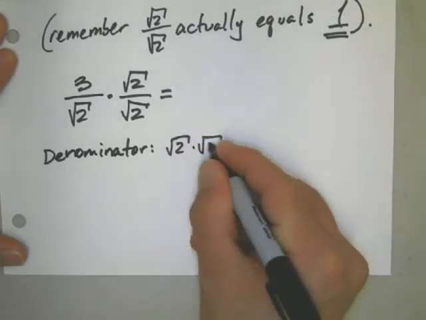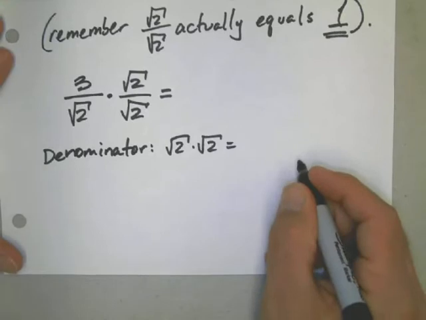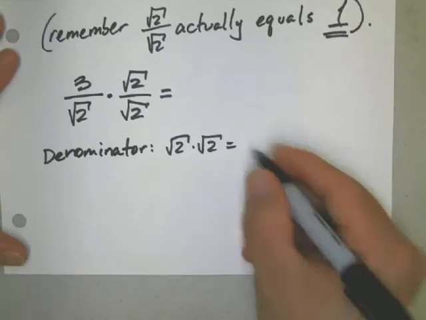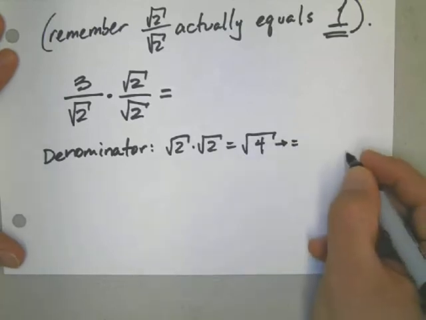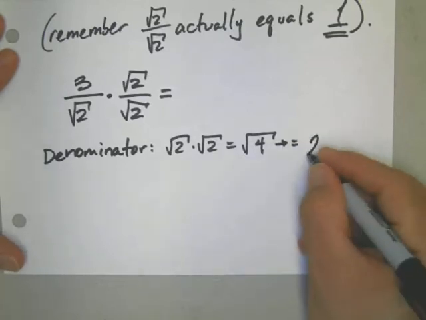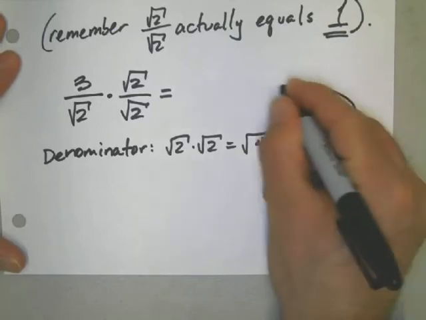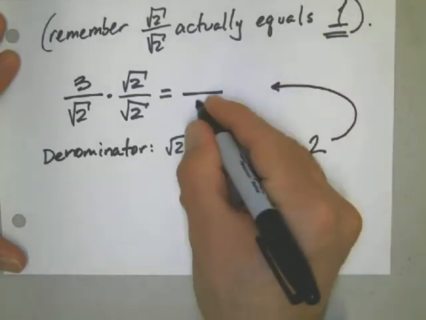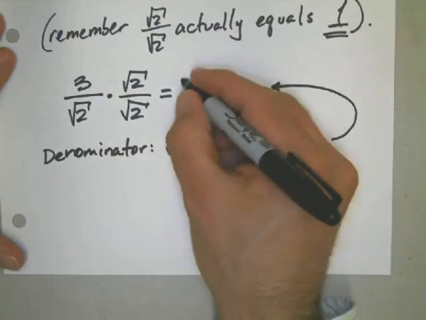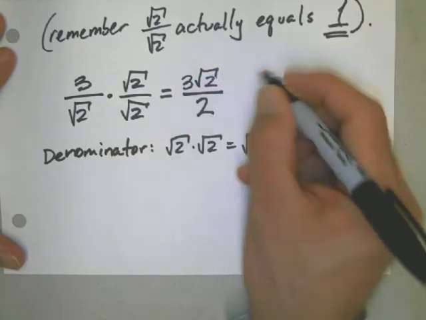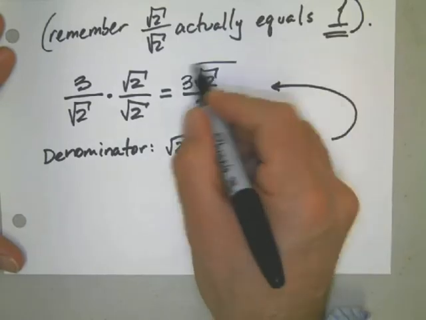The denominator is the square root of 2 times the square root of 2, which equals the square root of 4. And I hope everybody knows that the square root of 4 actually equals 2. So that takes the 2 out of the square root. And then in the top we're just left with 3 times the square root of 2.